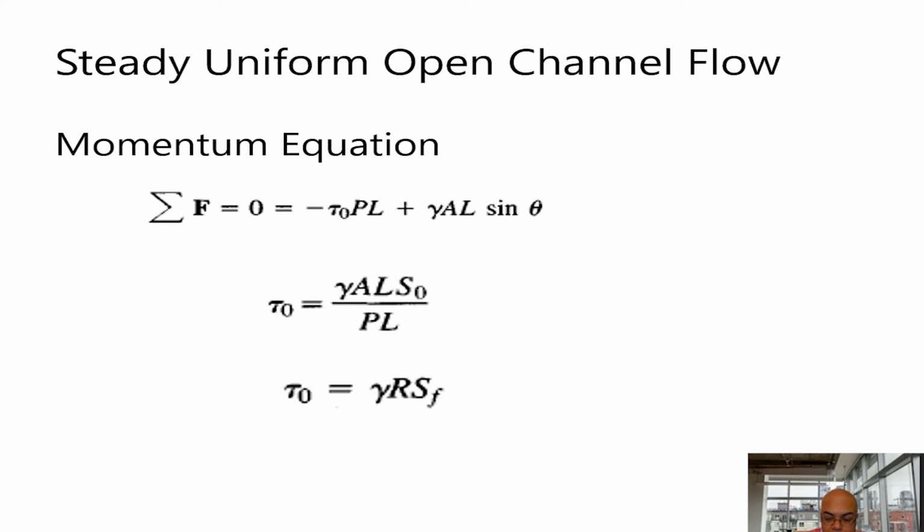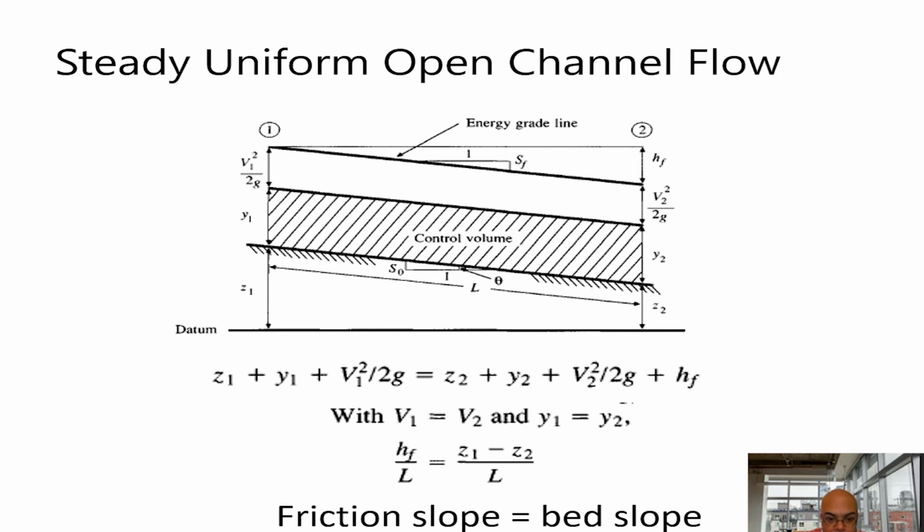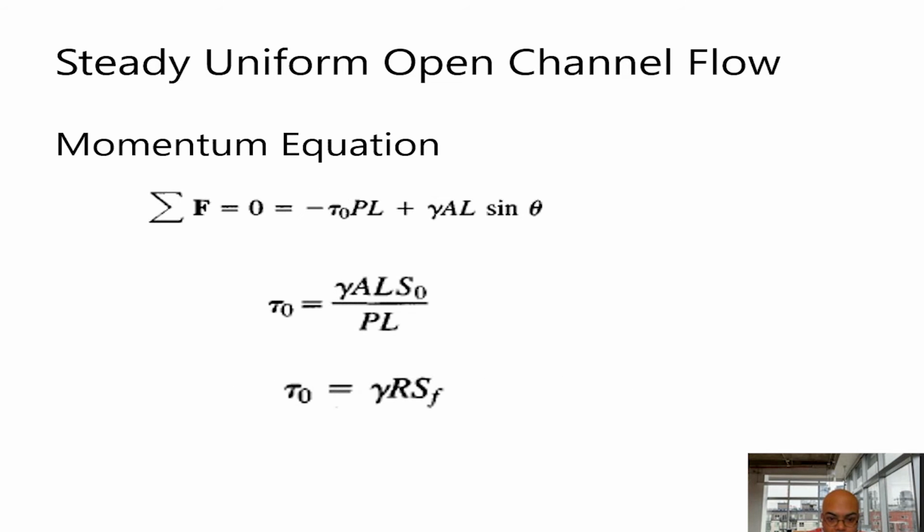Because, you see the previous figure, L is the length of channel between section 1 and section 2. So A L is the volume of fluid, and when we multiply with gamma, this is the weight of the fluid, and when we multiply with sin theta, that is the gravitational force acting in the flow direction.